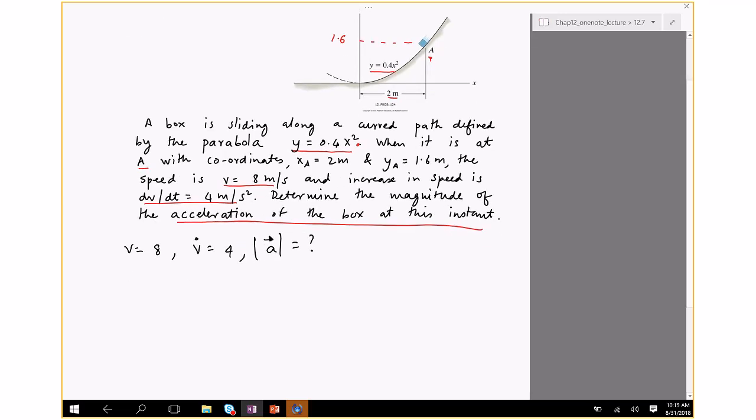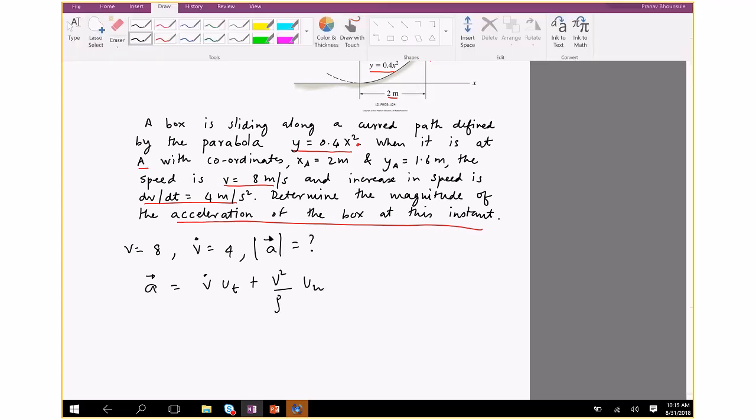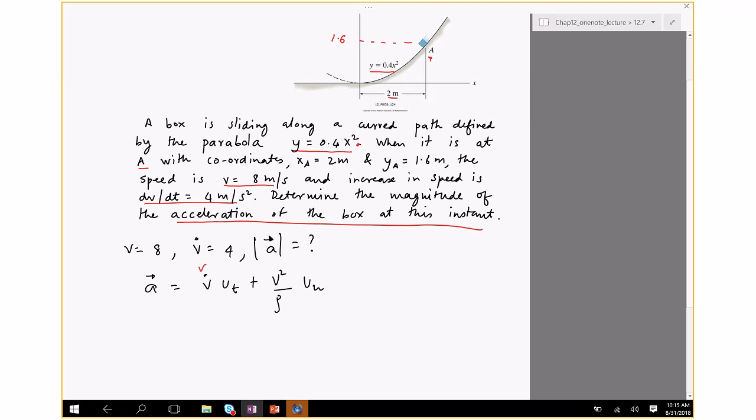So let's try to write the expression for the acceleration. It is v dot ut plus v squared divided by rho un. We know what v dot is, that's given to us. We know what the velocity is. We have to find rho. In the previous problem rho was given as 800.